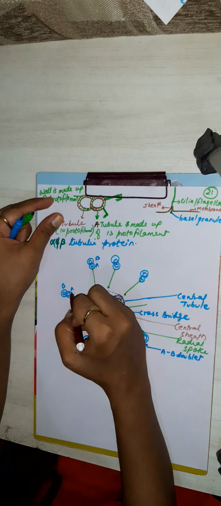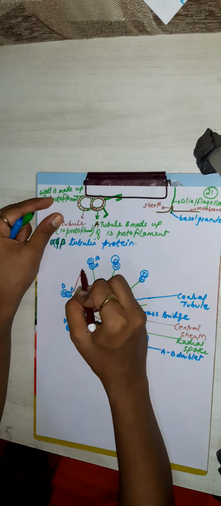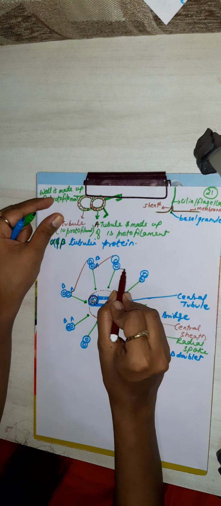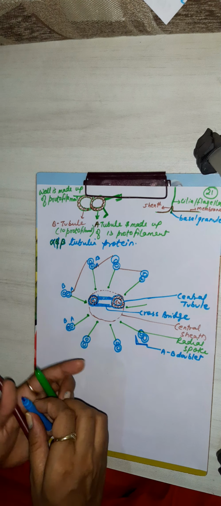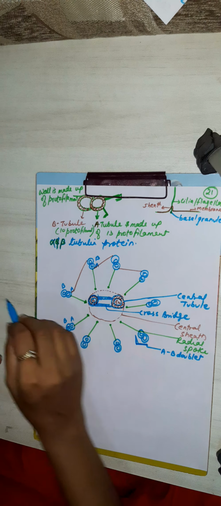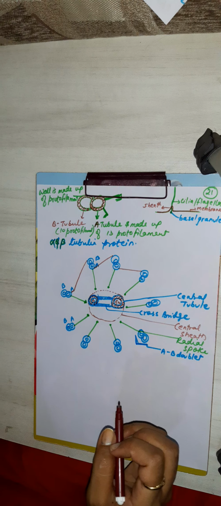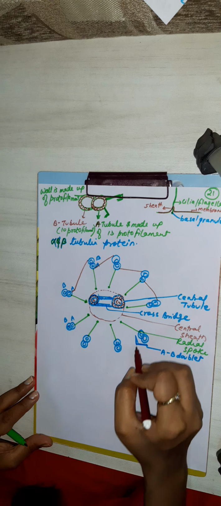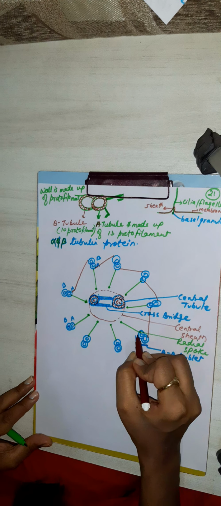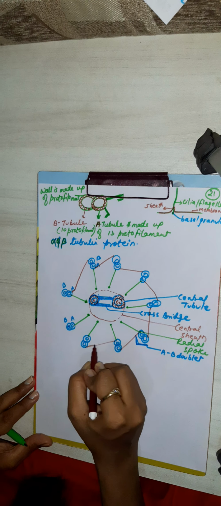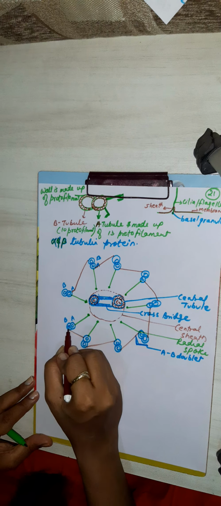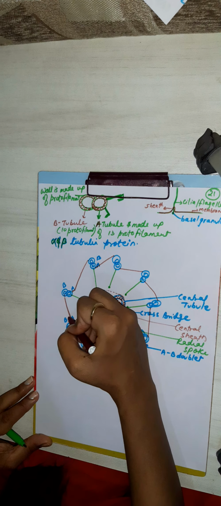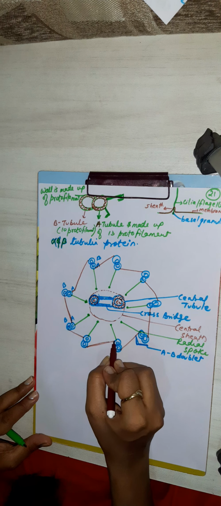This is A and it will join to B. A will join to B. It should be somewhat like this.